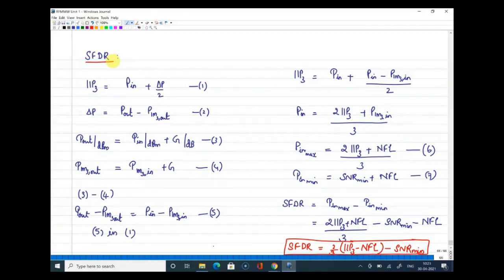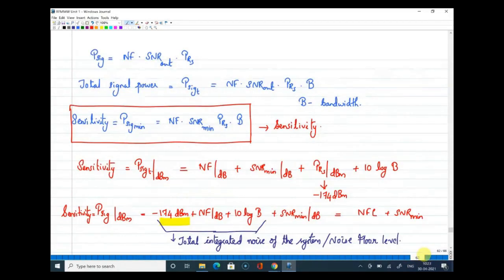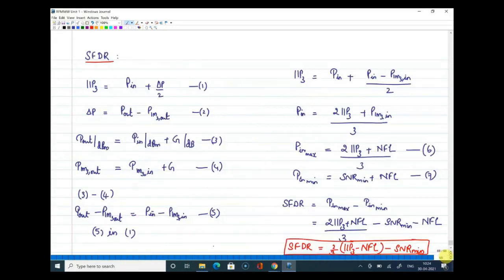Now the noise floor level can be further expanded as, if you remember yesterday we saw what is noise floor level, or the total integrated noise of the system. It is minus 174 dBm plus noise figure in decibels plus 10 log B. All right. So that is an expression for spurious free dynamic range.